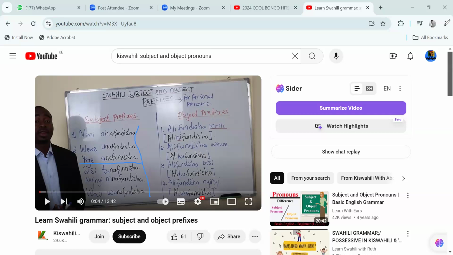If you are done with it, let me know so that I move to the object part. Just take your time to try to reread it or recite it slowly so that you can easily understand how the prefix and the pronouns move. As I've said, the ni, the u, and the a are the prefix that replace the pronouns mimi, wewe, and yeye.